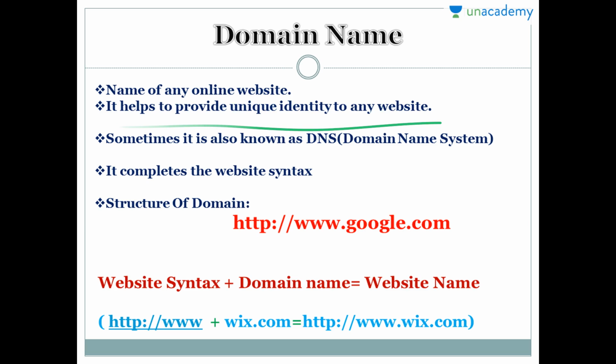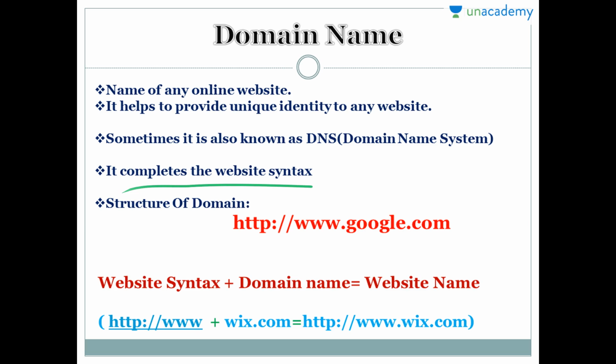Like if we have flipkart.com, it is a unique website. We cannot have two flipkart.com. So it provides a unique identity for the website. Sometimes the domain name is also known as DNS, which means domain name system. It completes the website syntax.